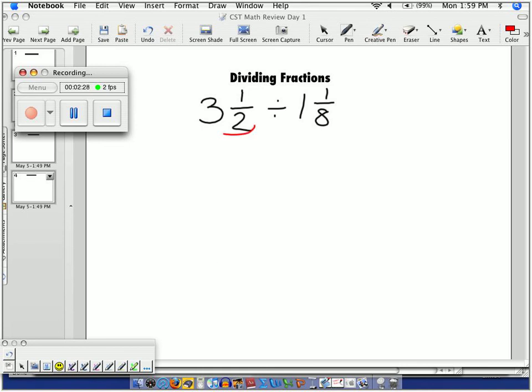You're going to rename, of course. Each of these mixed numbers is going to turn into an improper fraction. So the first term is 7/2, and the second one is 9/8. That's me renaming.